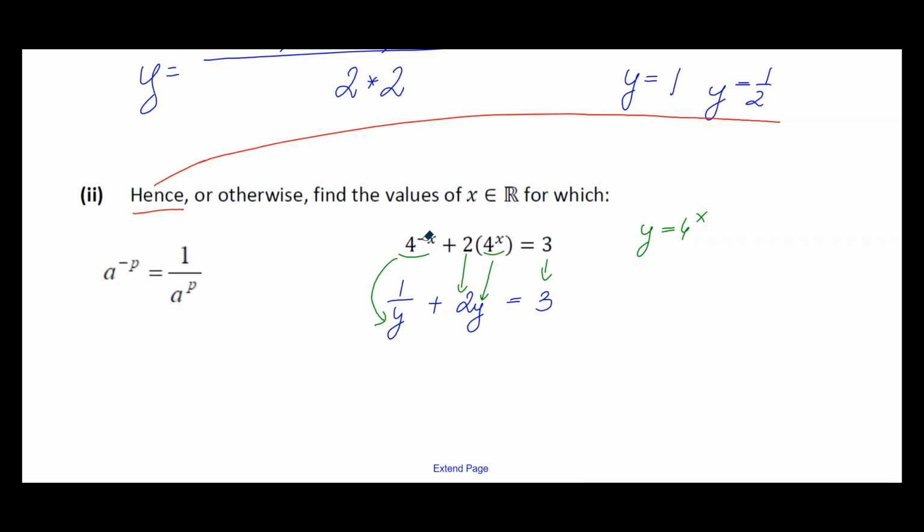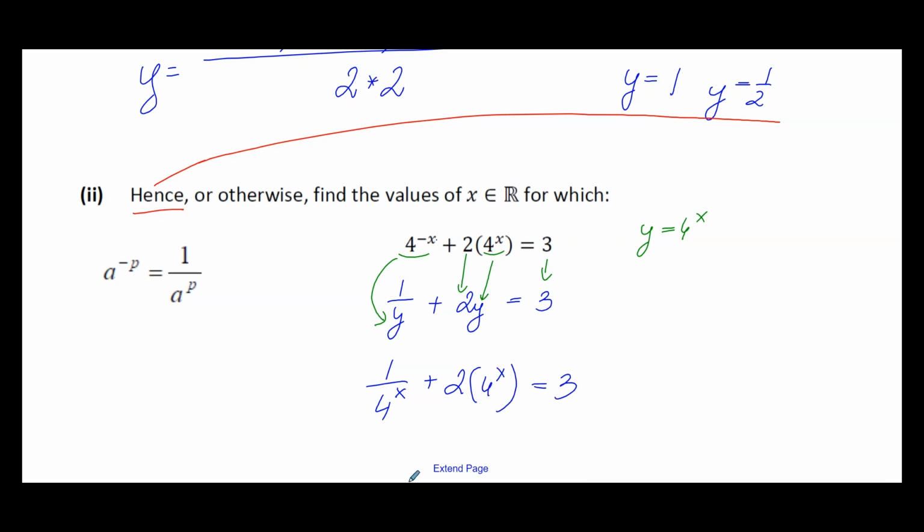whichever will be easier. A negative power will be 1 over 4 to the power of x. So I will have 1 over 4 because that's my 4 here, and that power will stop being negative. So that will be just 4 to the power of x plus 2 times 4 to the power of x equals 3.